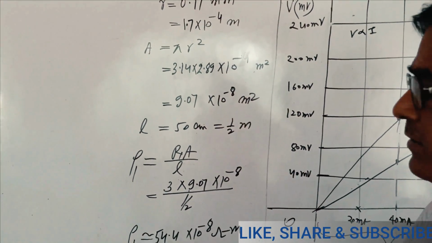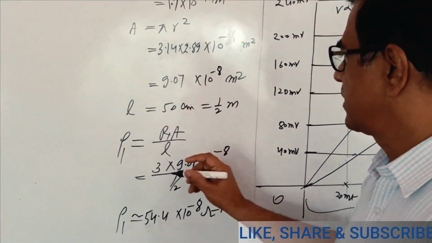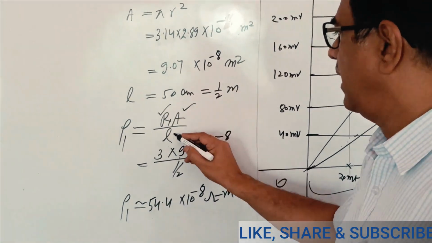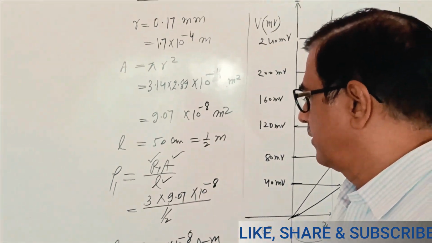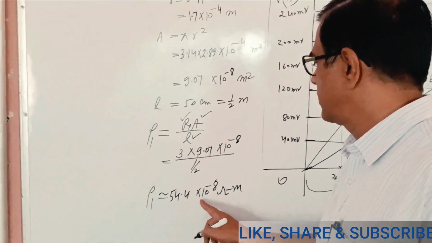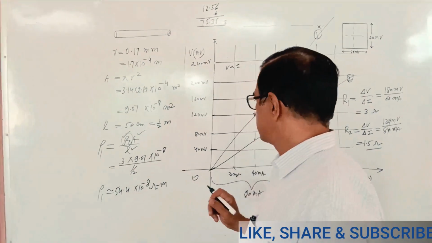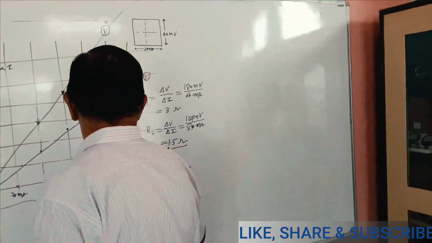Because the length of the wire used is 50 centimeter, meaning half a meter, substitute the values of R1, A and L. The resistivity of the wire comes to be 54.4 into 10 to the minus 8 ohm meter.